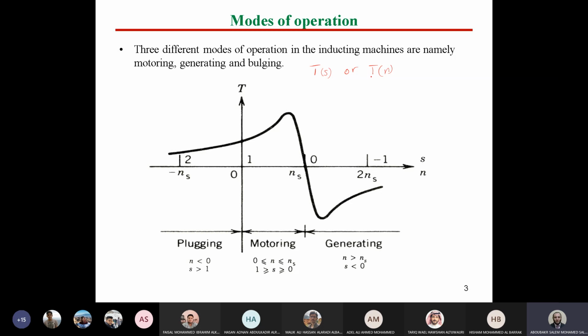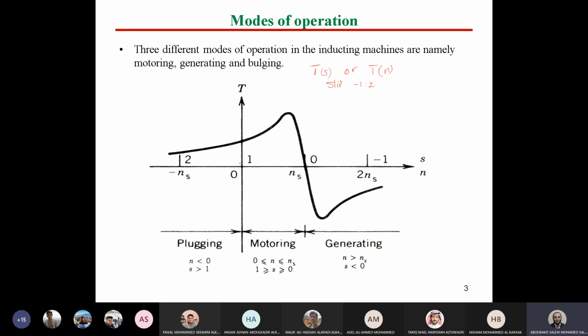Right, now شباب, if we change the value of slip over a range from -1 up to 2 per unit, the characteristic of the torque will be as shown.